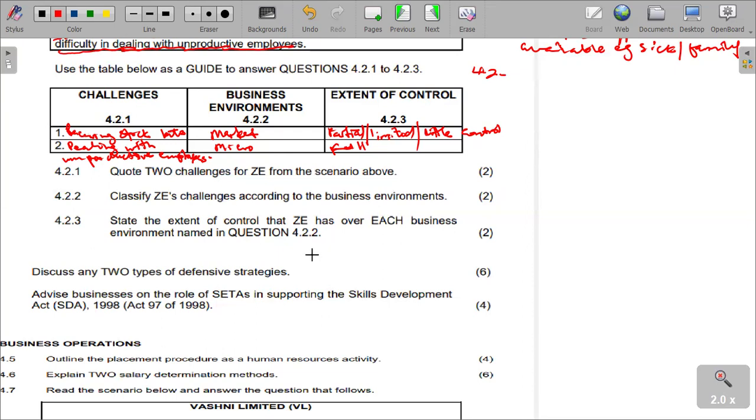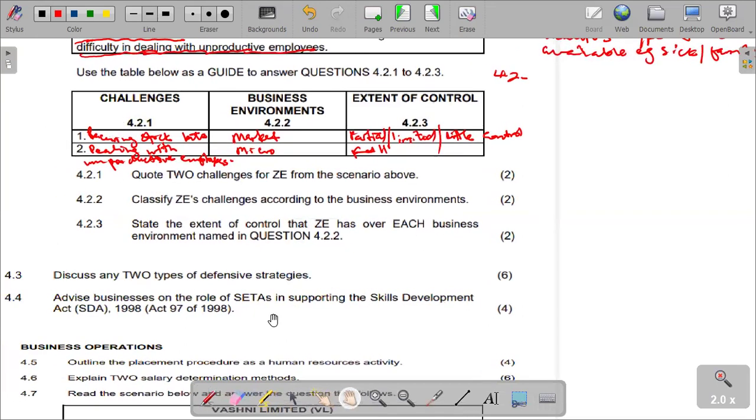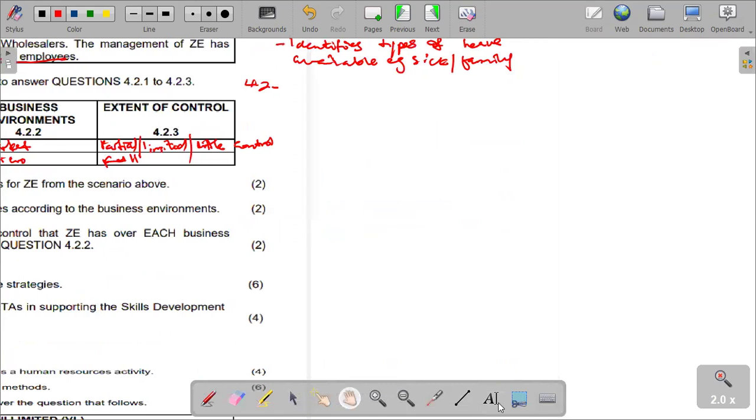Types of defensive strategies. Discuss any 2 types of defensive strategies, which is question 4.2.3.